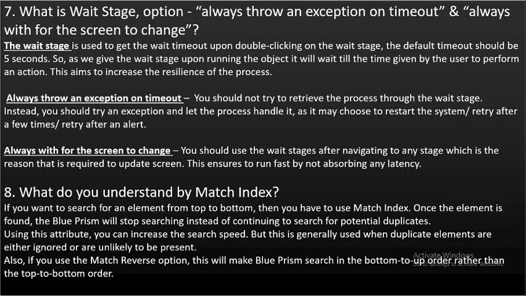So as we get the Wait stage open and run the object, it will wait until 5 seconds or until the time given by the user to perform any action. This aims to increase the resilience of the process. That is a very simple definition. The Wait stage is used just to wait, let's say if you are loading an application, it will wait for some time if you give this Wait stage.